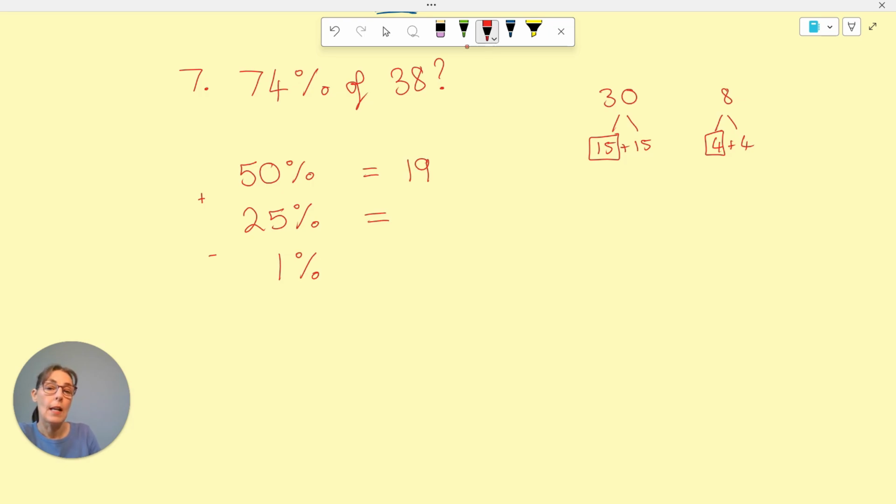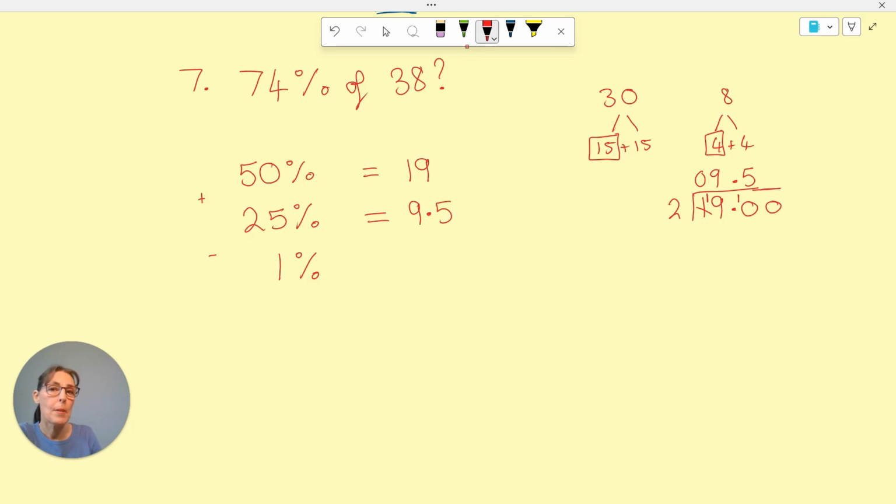Right, I've got to half that again to make 25%. So 19 divided by 2. How many 2's fit into 19? Well, 9 times 2 is 18, and that's one more is 19. So it's 9.5.